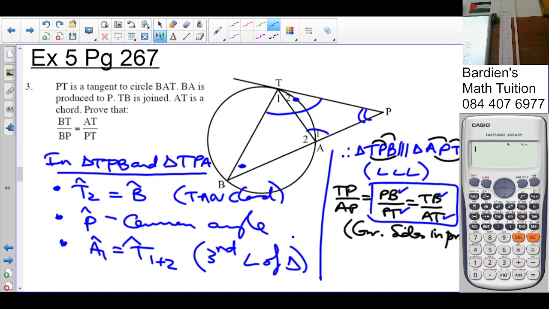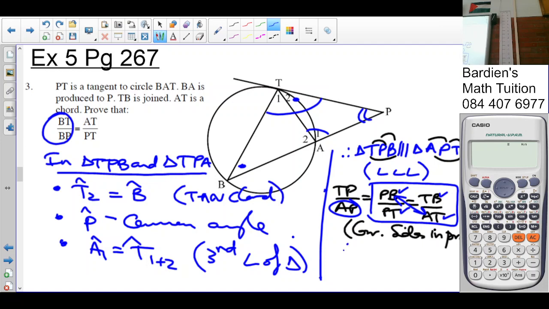TP. Here's another TP here, and another AT here. No, AP. We wouldn't have gone with this one because there's an AP here. Can you see that? So BT is on top, so that one must go under, that must go up. You guys understand?